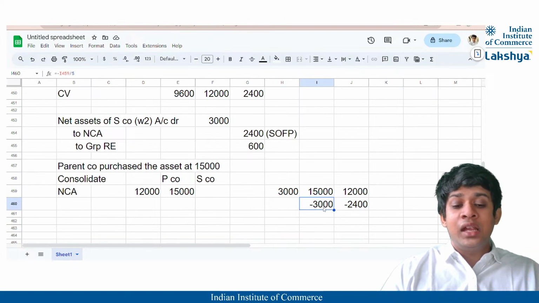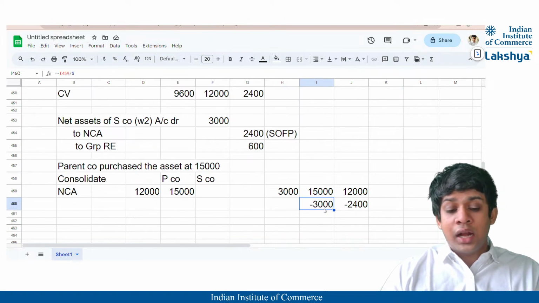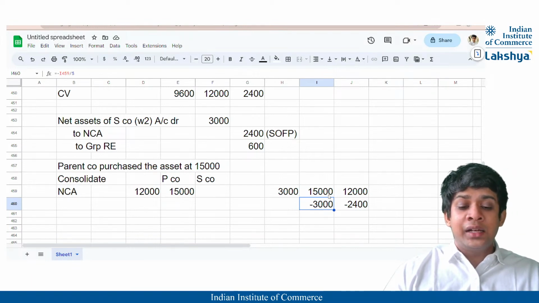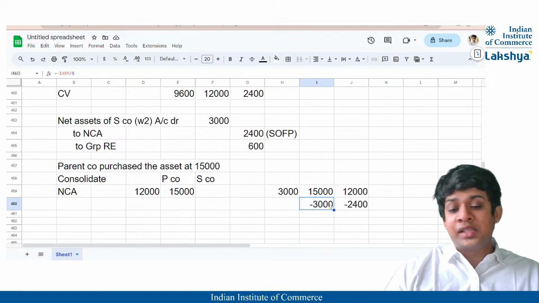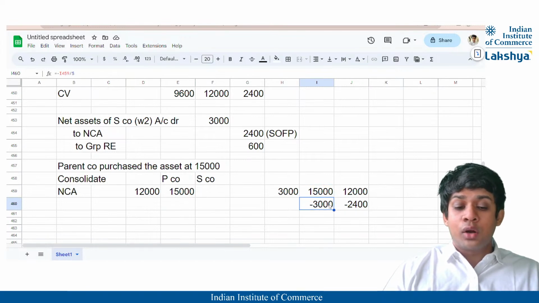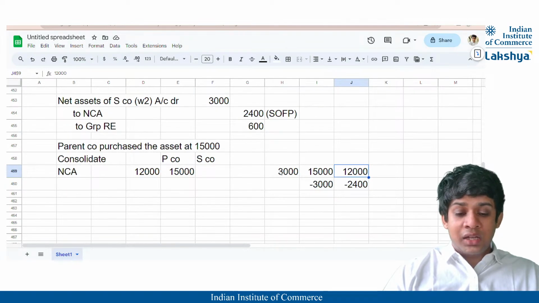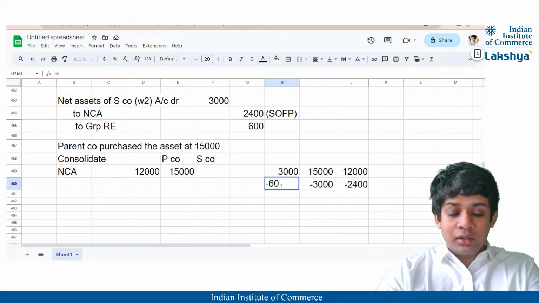That means the parent company has reduced 600 more, right? So that will be added back. Otherwise, we will be treating it as the value of 15,000 and depreciation on that, right? That is wrong. We have to treat the depreciation on the value of 12,000, right? So 600 will be added back, and thus the net adjustment is 3,000 reduced and 600 added back, right?